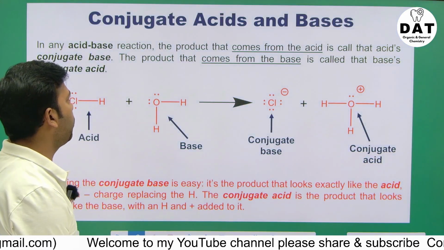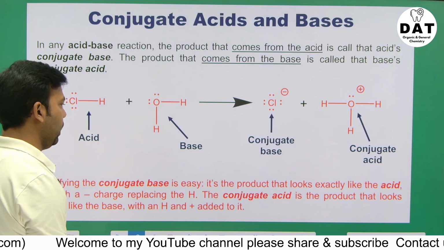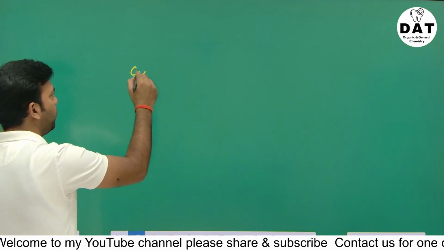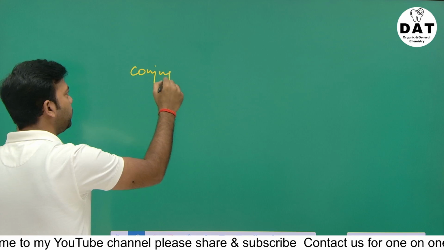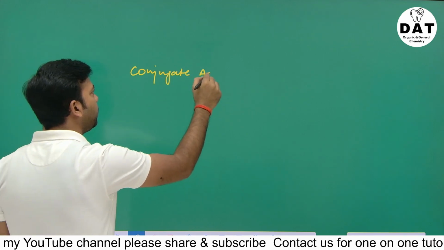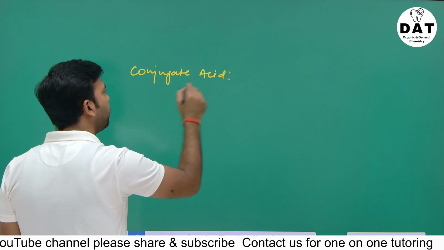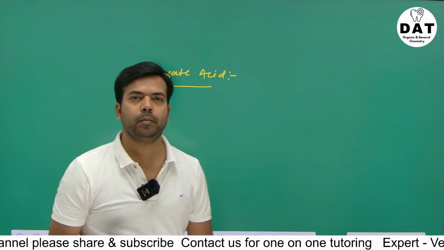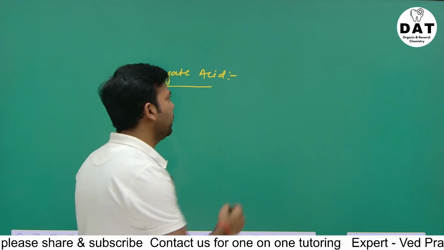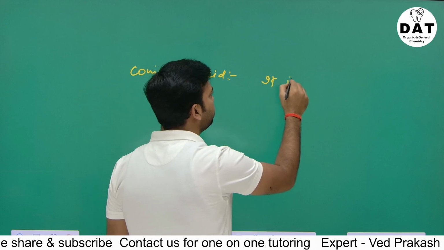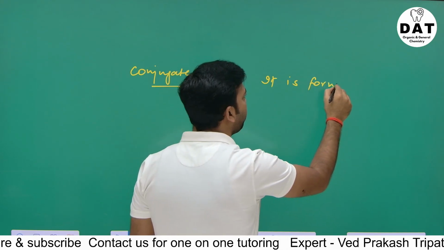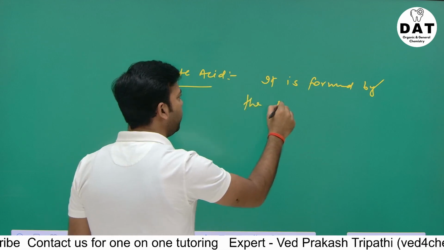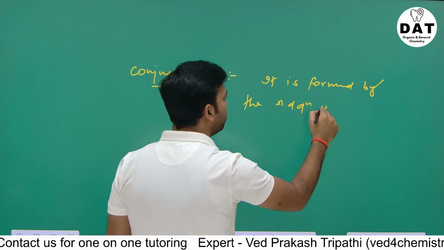Now the next is conjugate acid and base. I am going to discuss here. Look at conjugate acid. What is a conjugate acid? It is formed by the addition of a proton.